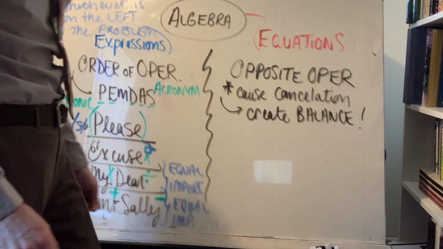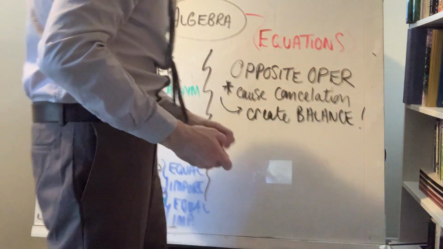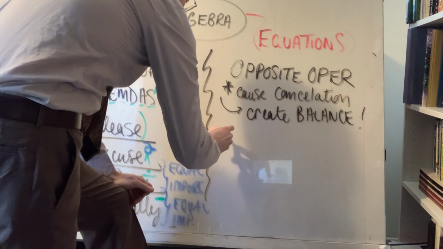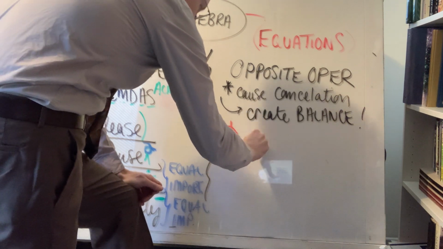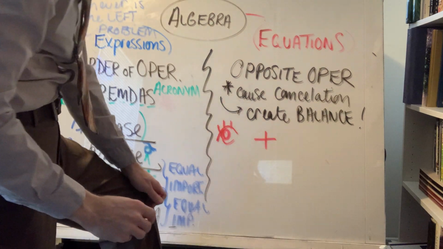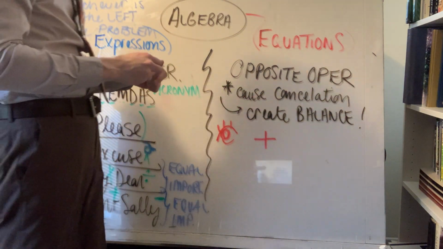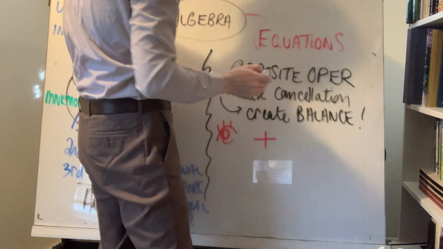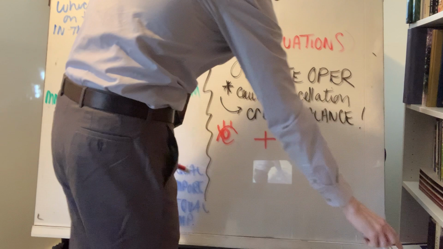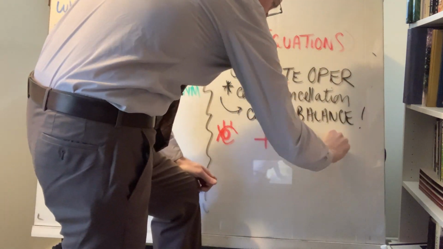Right, so if you see a problem, even if it starts out written as such, that you see a plus sign, all right? If you want to cause cancellation or something to simplify, what you end up doing is its opposite, which is subtraction.